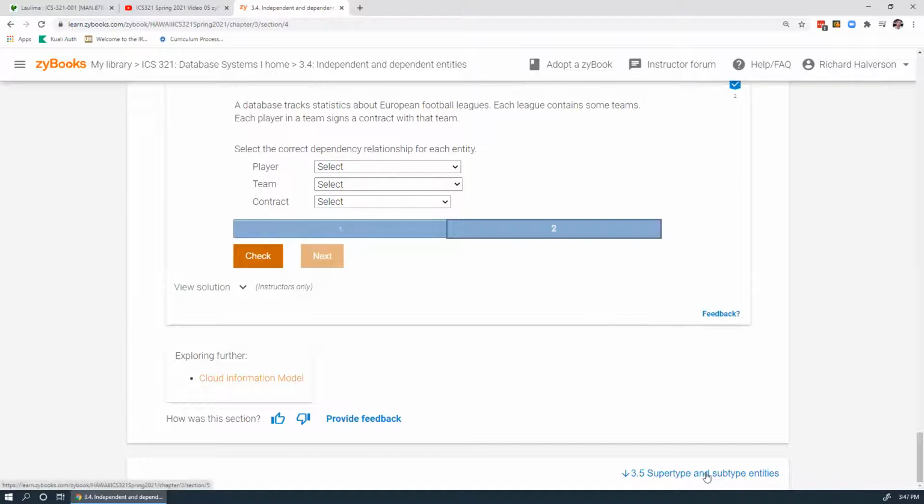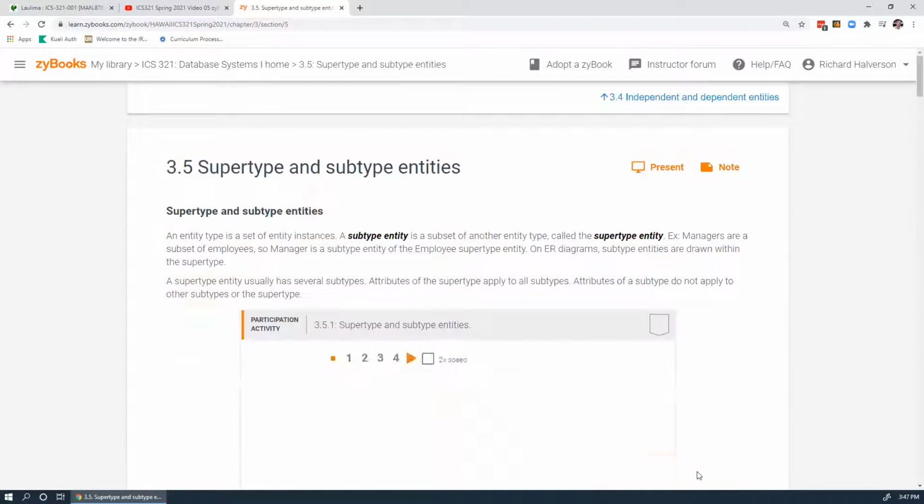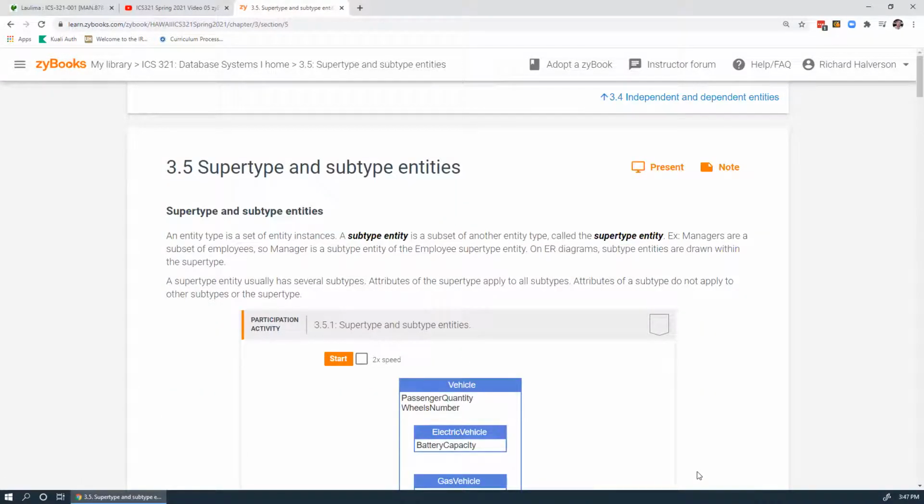Okay, so supertypes and subtypes. We can see how this relates to entities. An entity type is a set of entity instances, and a subtype entity is a subtype of another one.